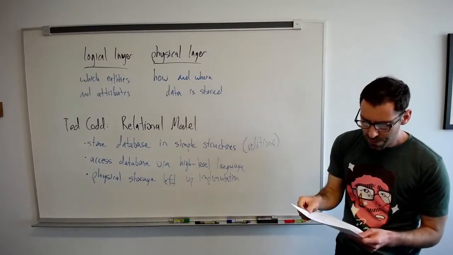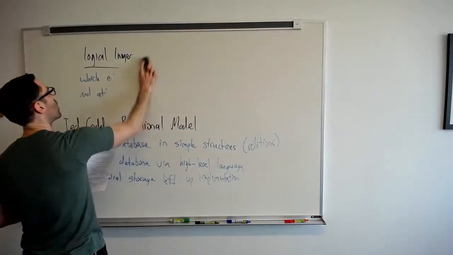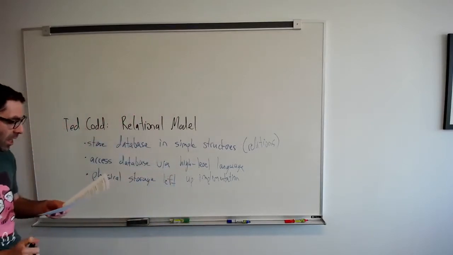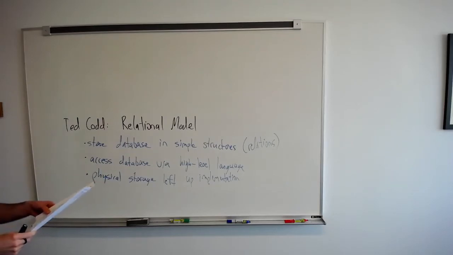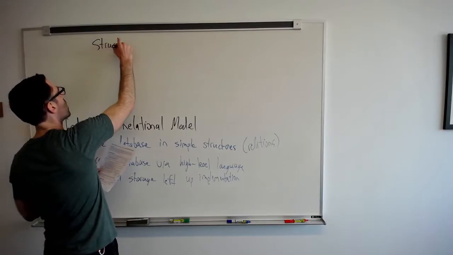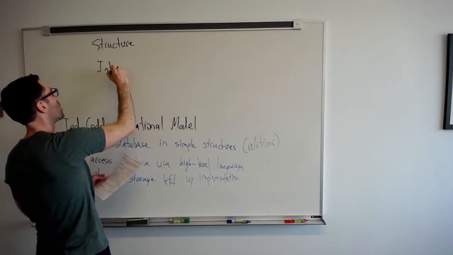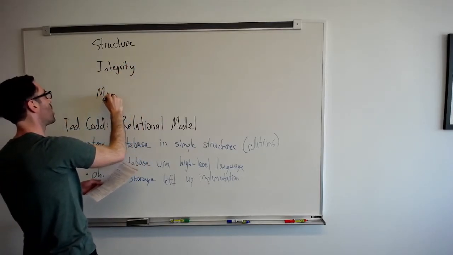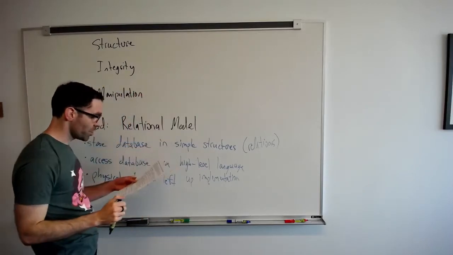All right, so our relational model defines three concepts. These are structure, integrity, and manipulation.